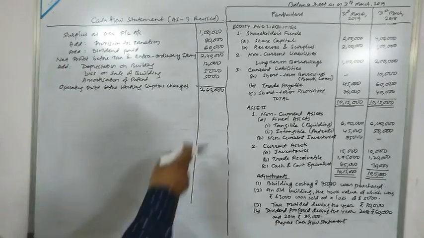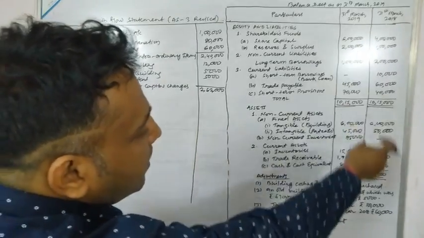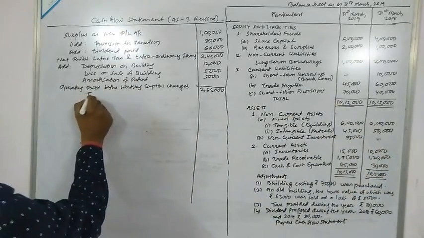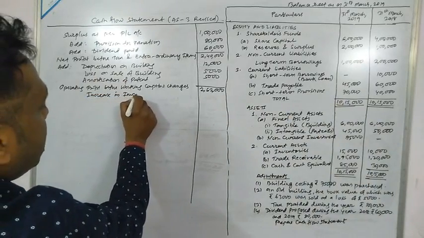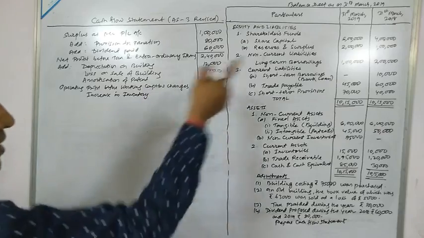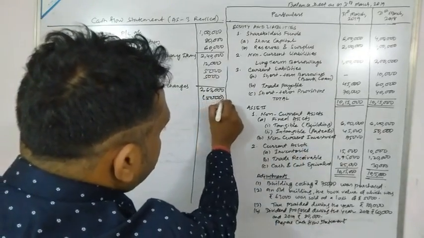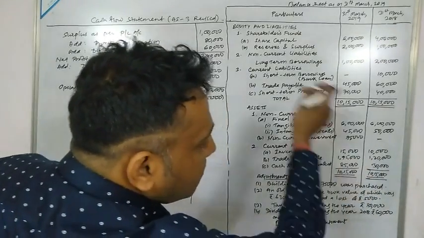So first of all, we will see the current assets. Inventory in 2018 is 10,000 and now it is 15,000. So there is an increase in inventory, which will result in outflow of cash. That means 5,000 will be reduced. Now you see trade receivable. This is 120 and this is 195.